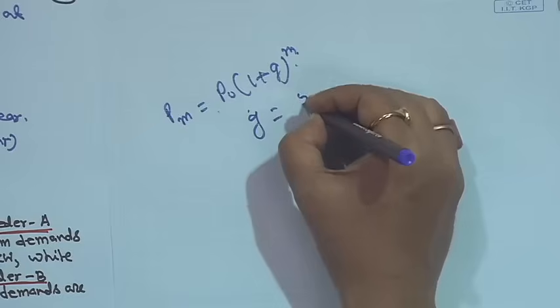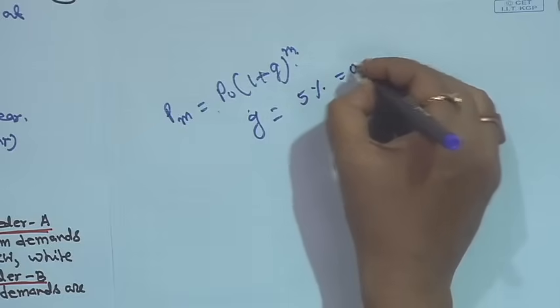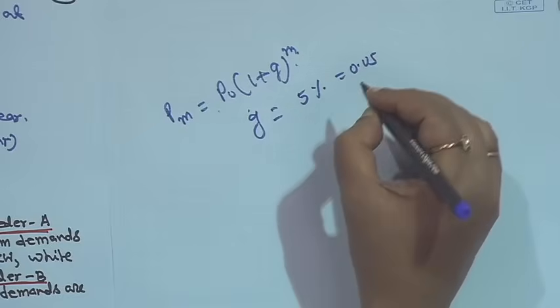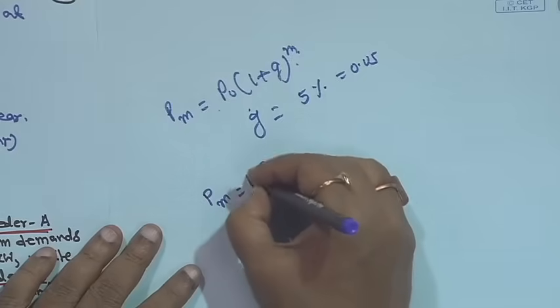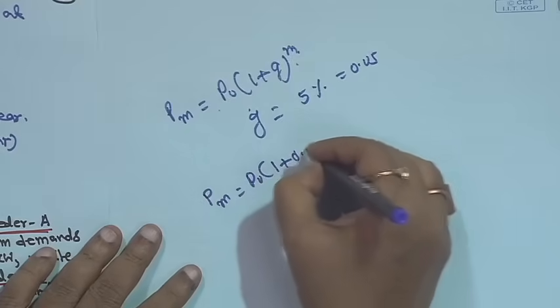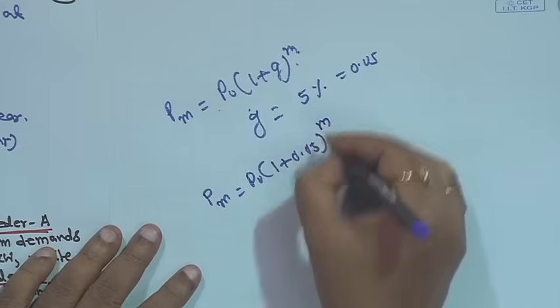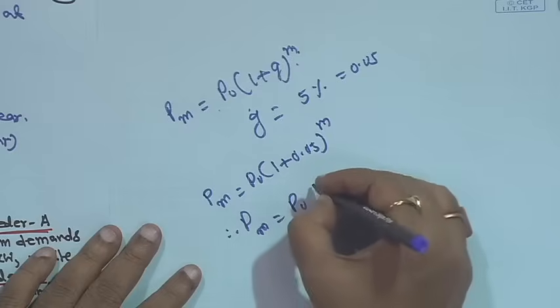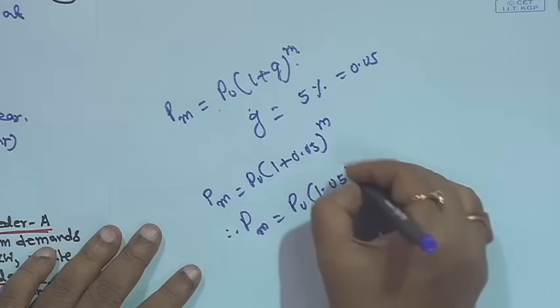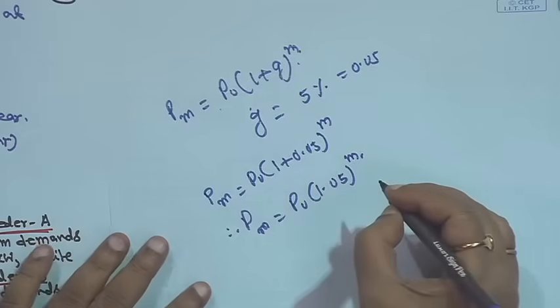So suppose G is equal to 5%, that is 0.05. Therefore Pm is equal to P0 (1 plus 0.05) to the power m, that means Pm is equal to P0 into 1.05 to the power m, right.